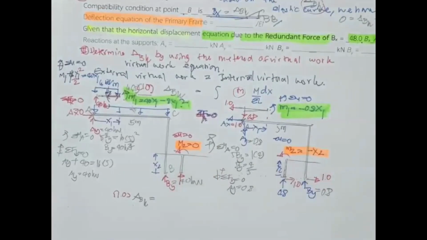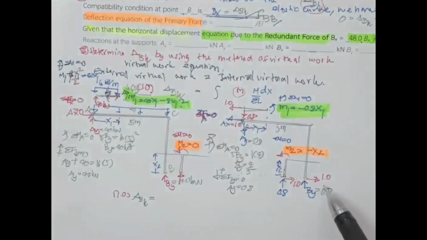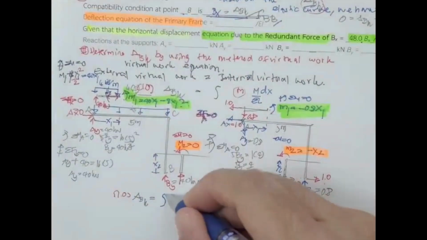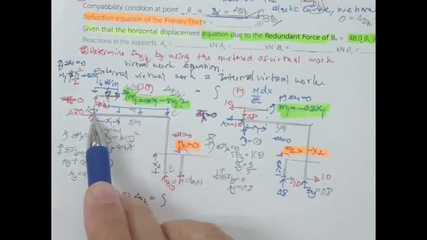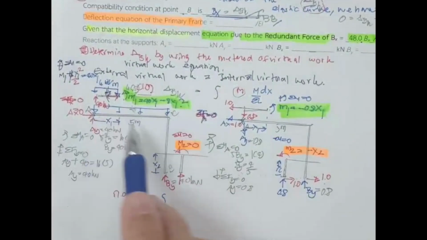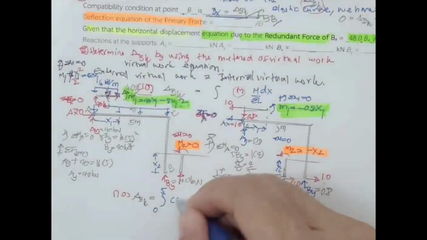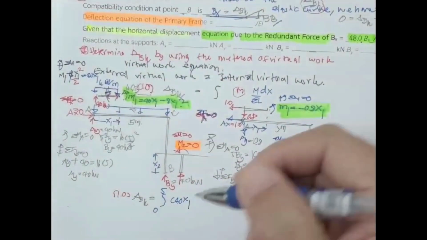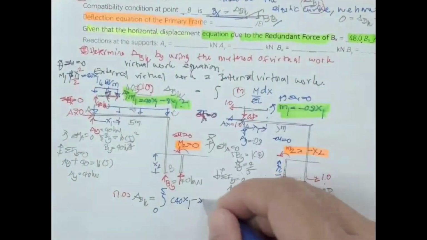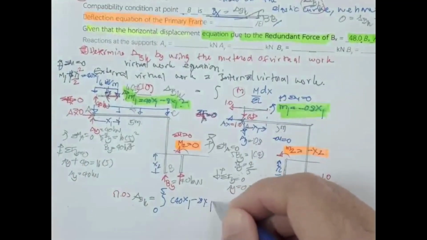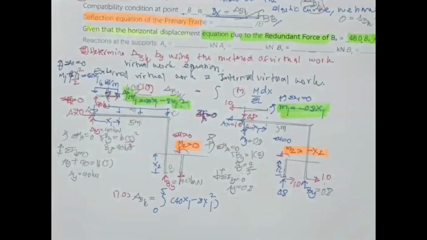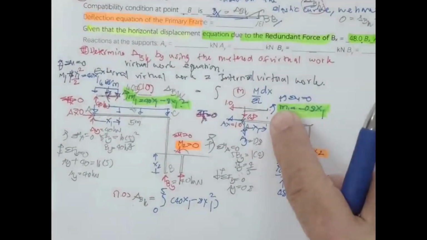And then Ajahn put it in this direction, right? So the integration is going to be integration from here to here, from 0 to 5 meter. And then you have this one, 40 x1 minus x1 square, minus x1 square. And then based upon this one.